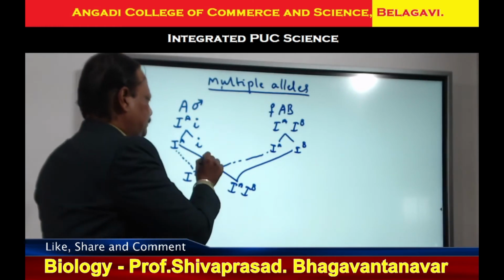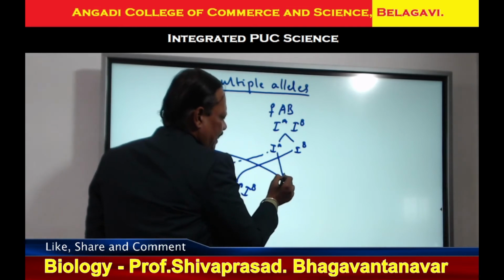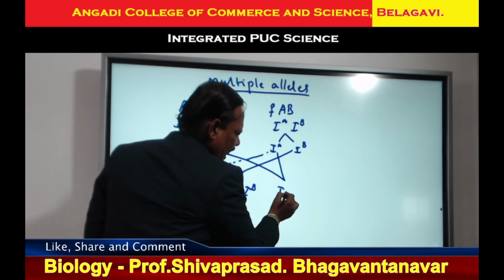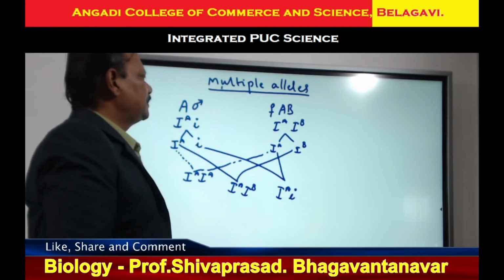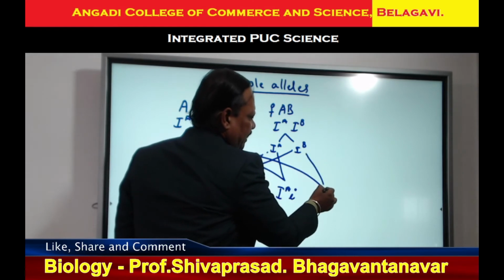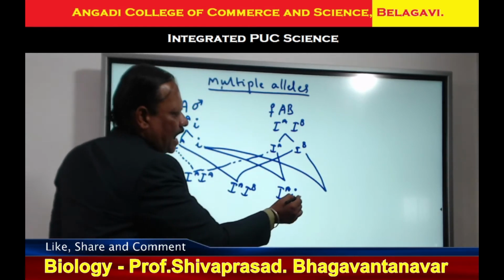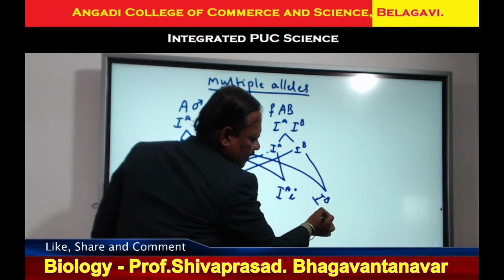Next, small i and IA, so IA i. Then the last one, here you see, that is IB and i.